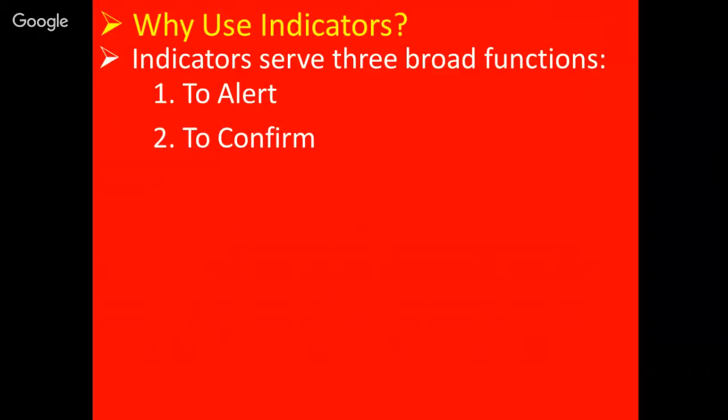Or if a stock breaks support, a corresponding low in the on-balance volume could serve to confirm the weakness. So indicators are used to confirm.